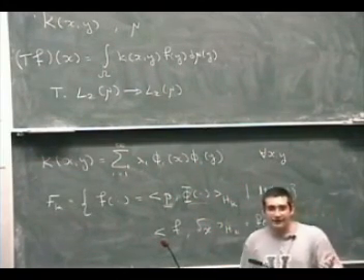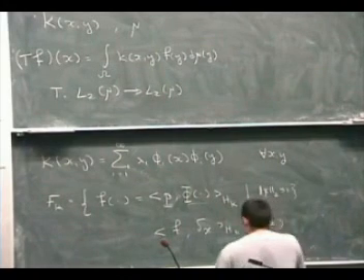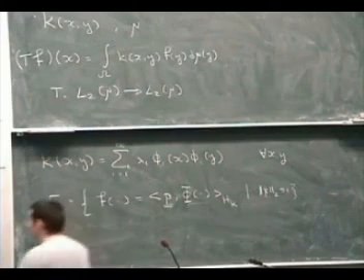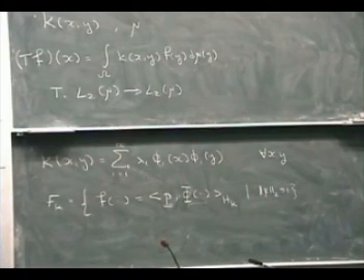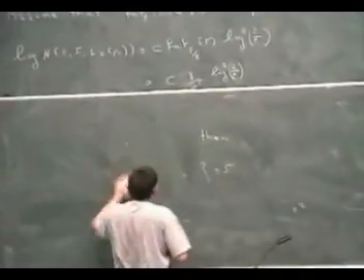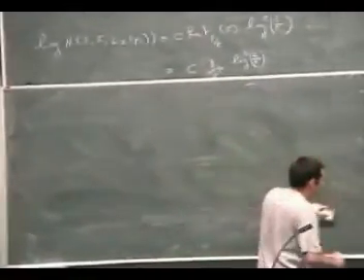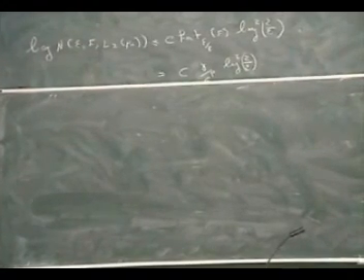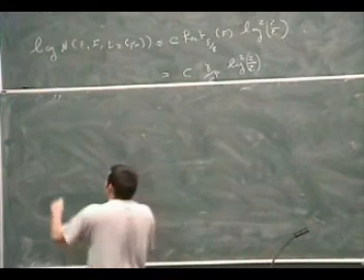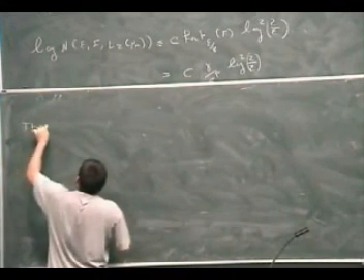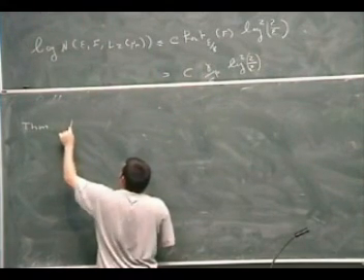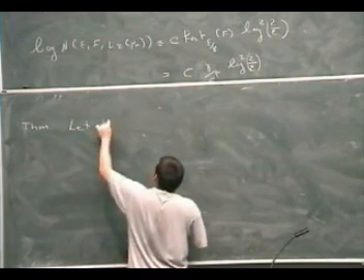Let mu be a probability measure on Omega, and set lambda_i, i from 1 to infinity, to be the spectrum of T. So these are just the eigenvalues of this integral operator.